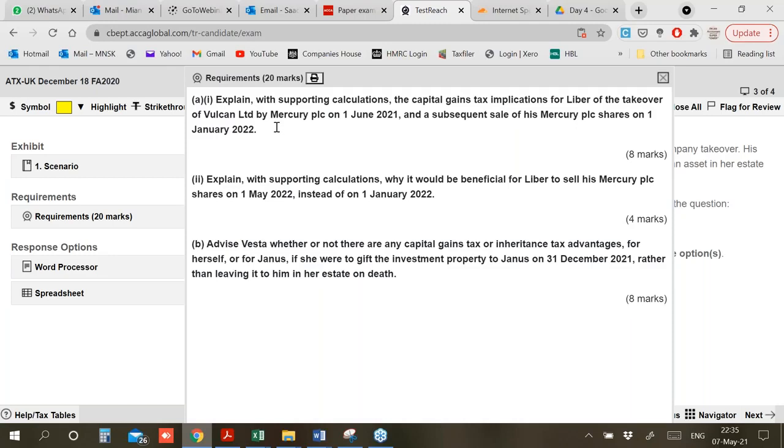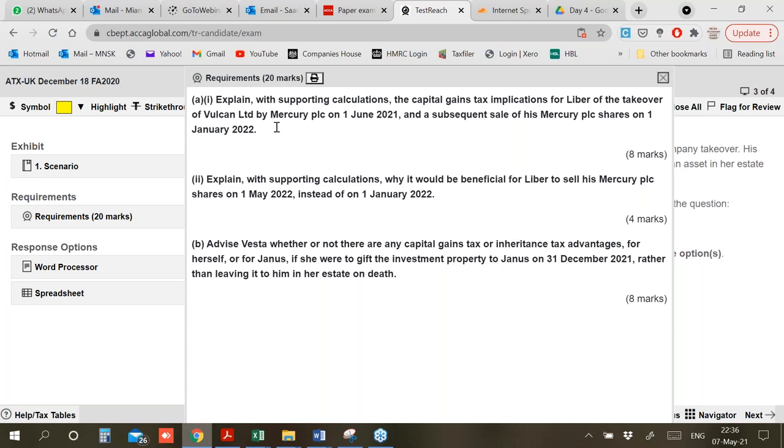There is a chance that some losses may be available in the future against which you can set off this gain, or that today the annual exemption is not available, however in future it is available. So these are the key points that decide whether we should delay the transaction or keep it as it is.